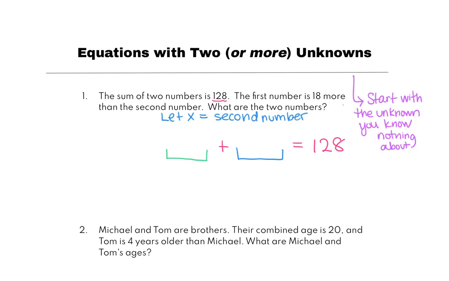I just made a note right over here to the right. You're going to start with the unknown that you know nothing about. In this case, it was the second number. We do know a little something about the first number as it's related to the second number, which we just called x. So the first number is 18 more than the second number. So x plus 18 is going to equal the first number.